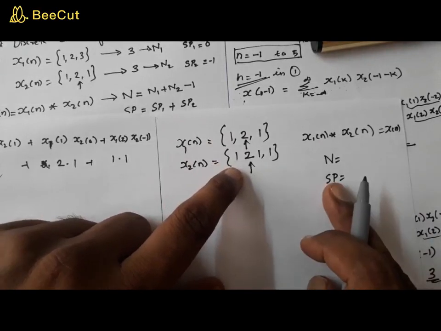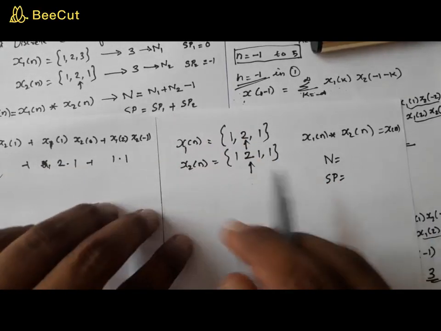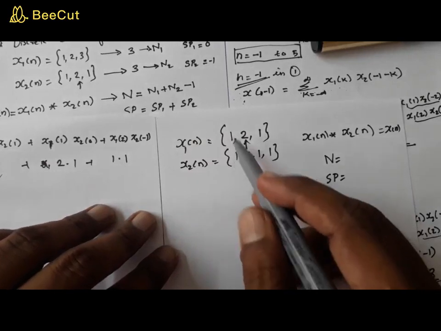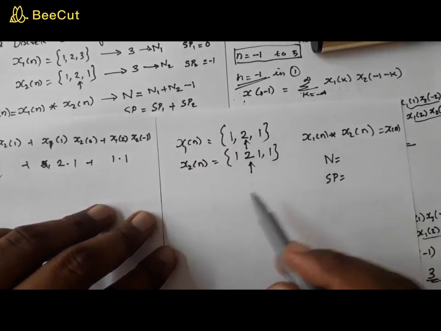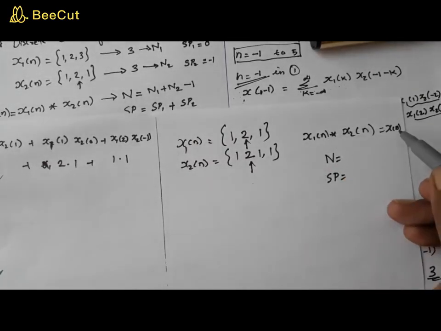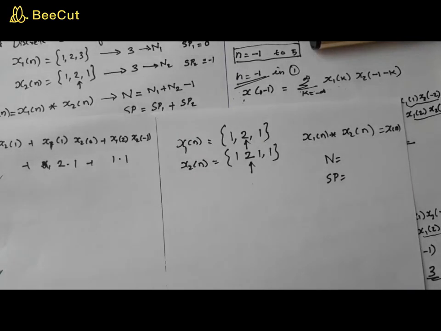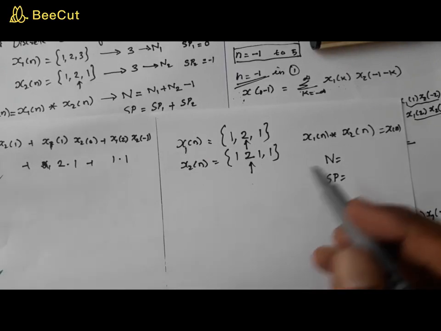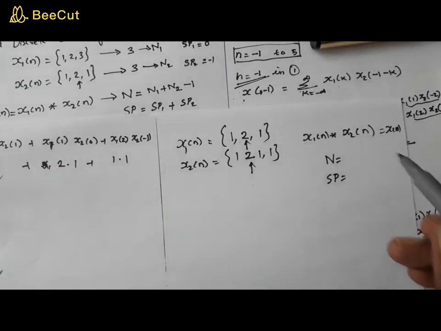Well, what is the starting point? The starting point is the sum of the starting points, that is, in both cases it is minus 1. So this starts from minus 2. So you need to find out the value of n from minus 2, then minus 1, 0, 1, 2, 3. That's enough. When it comes to 3, the number of samples becomes equal to 6.